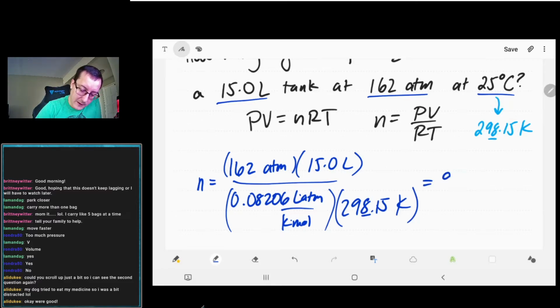And doing this, you get 99.32 moles. Sig figs wise, it looks like we're going to need 3, so let's just remember that.